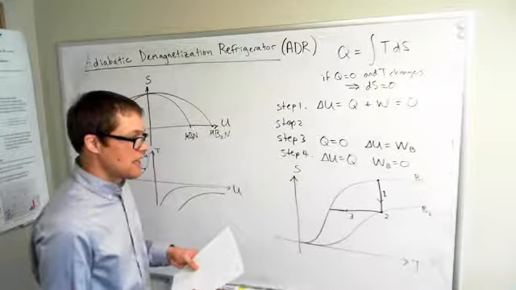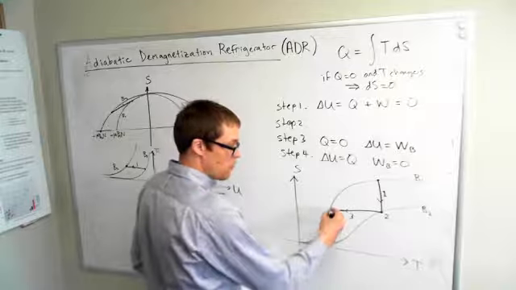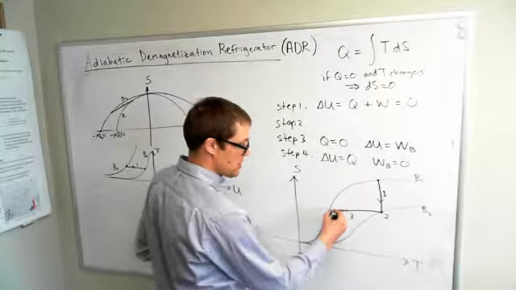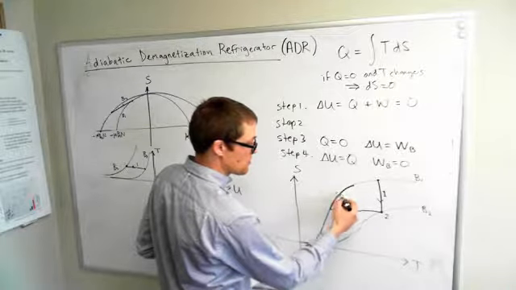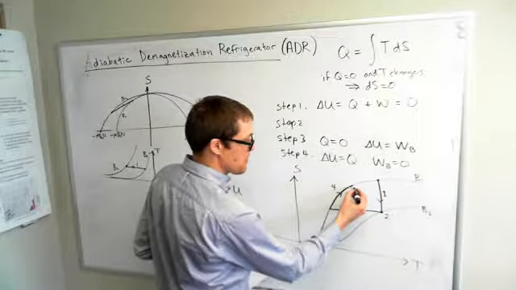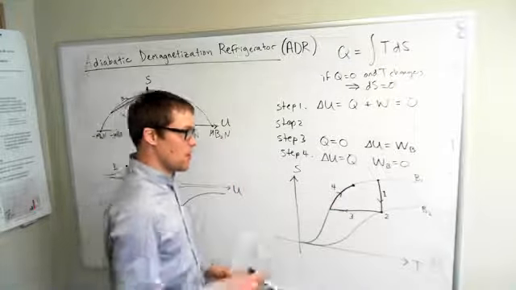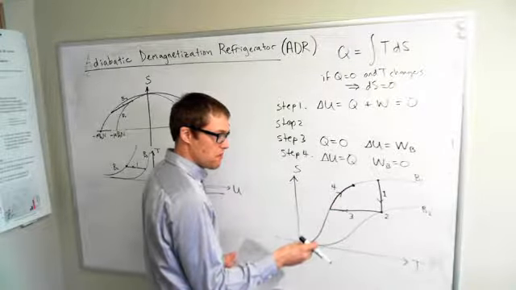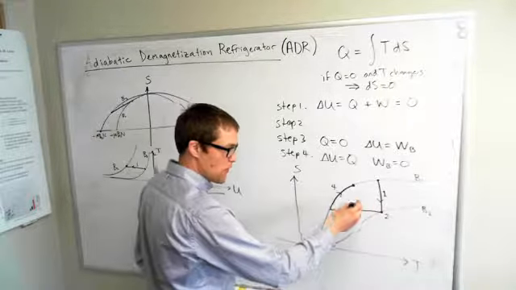And then finally, you put the system in contact with the thing you'd like to cool off, and it warms back up again to some temperature at fixed magnetic field. It goes back along this line for step 4. So you get back to here as you heat up to the temperature of the thing you're trying to cool off. And then once you do that, you can repeat this process many times. So what happens if you repeat?